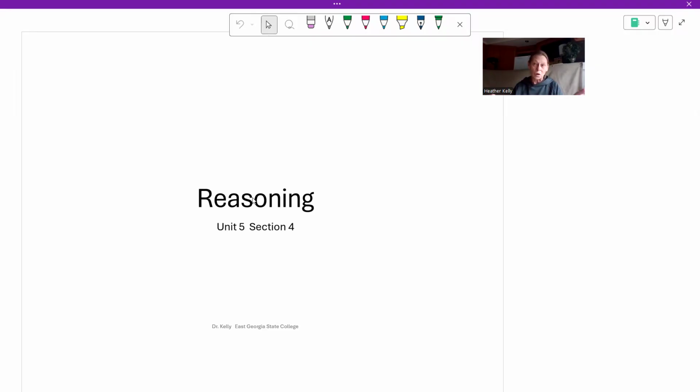Okay, so let's talk about reasoning. Bear in mind, we've been exposed to logic already a little bit, right? In the last one, we did the truth tables and we talked a little bit about logic and how there's only two answers. It's either true or false.